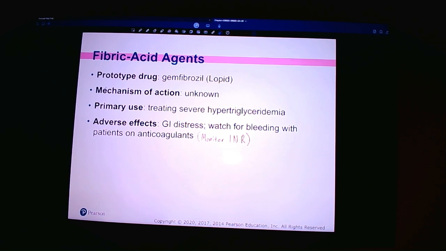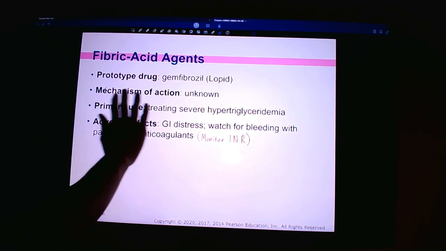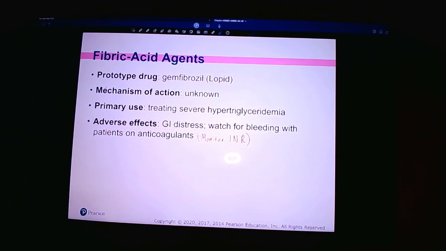But seeing here, it activates a peroxisome, and it affects liver and muscle cells too. It's a similar effect, I guess, as statins, but it seems a little convoluted, so it's just generally unknown.